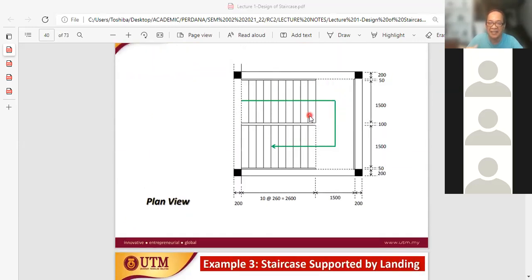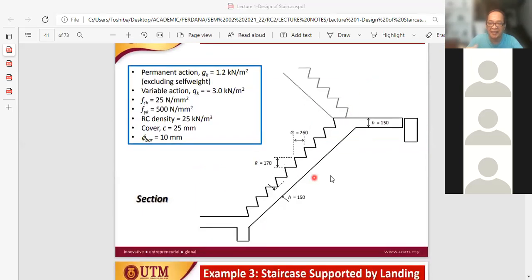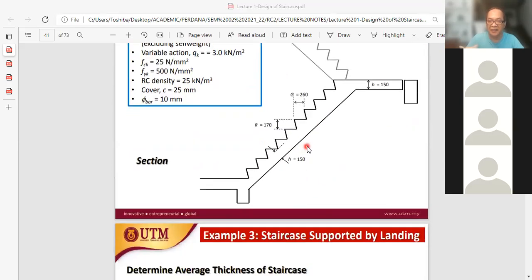This problem comes about by virtue of the sketches given here, the 2 sketches. The first sketch is the plan view, and the second sketch is the cross-sectional view. What gives it away immediately in the cross-sectional view is that, between the landing beam, I always call it the landing beam, the beam located at the landing, but this is not exactly a landing beam, because this beam is not connected to the landing.